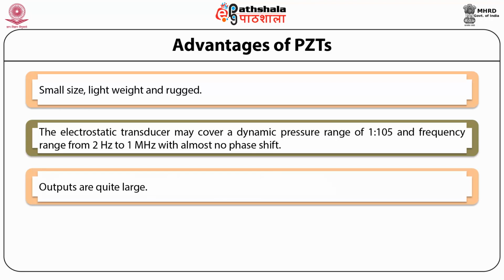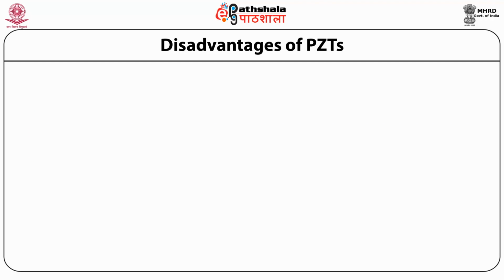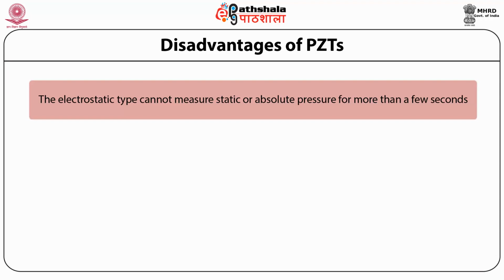Outputs are quite large. Special units operate up to 350 degrees Celsius. Now it comes with certain disadvantages also. That is, the electrostatic type cannot measure static or absolute pressure for more than a few seconds.